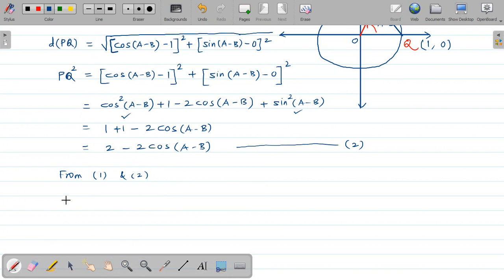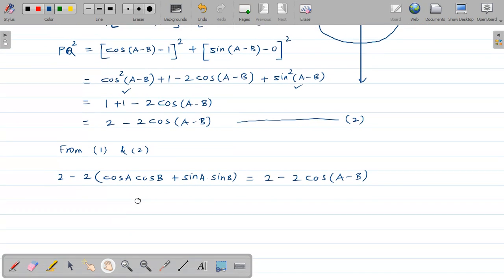From 1 and 2, 2 minus 2 times (cos A cos B plus sin A sin B) is equal to 2 minus 2 times cos(A minus B). So equation number 1 is equal to equation number 2 because both are the distance PQ.